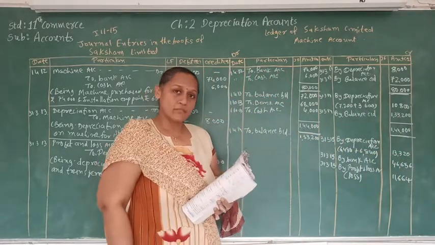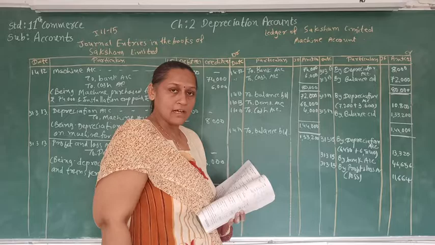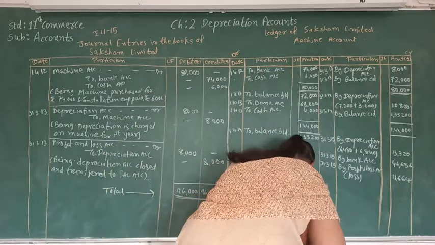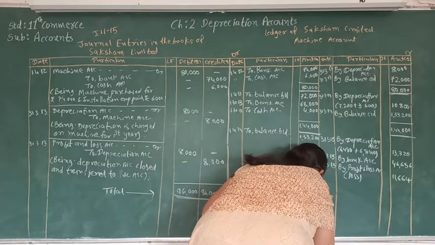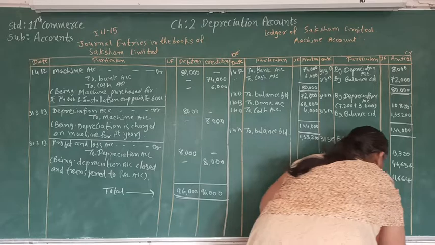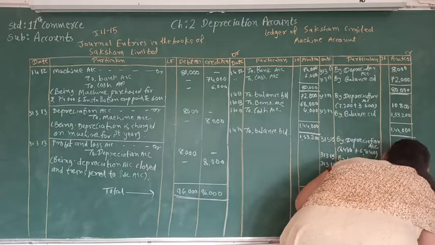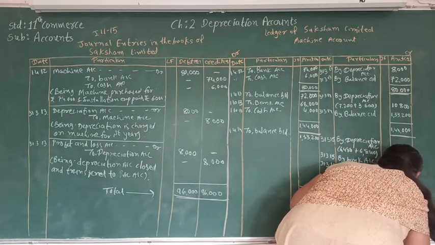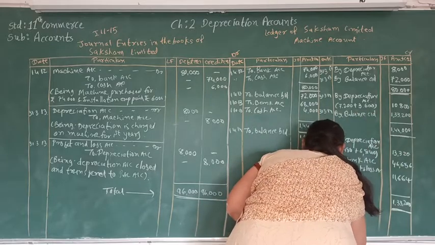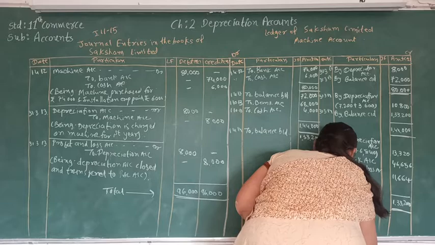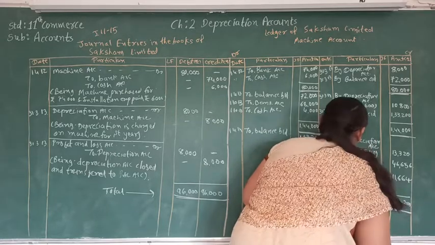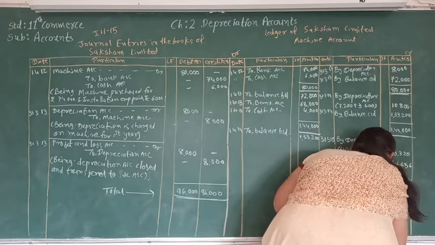Now let's find out the balance of the machine account. For that, 1,33,200, that amount we are going to take on this side, 1,33,200, and on the same day, 31/3/15, by balance carried down.